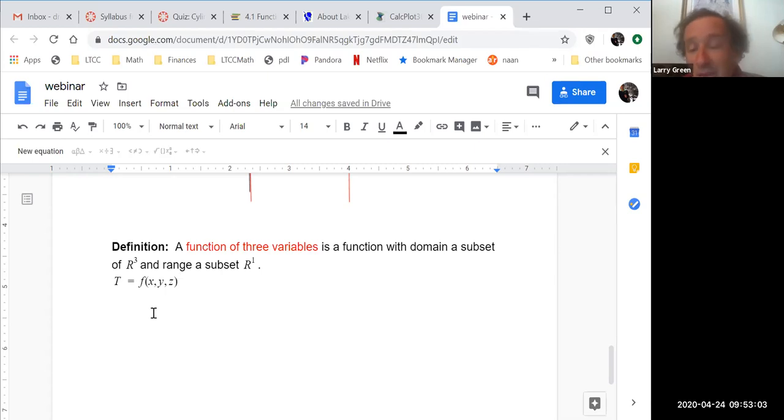Okay, sometimes you might have a Z equals f of x, y, lowercase t. Lowercase t is reserved for what? Yeah, that's time. Okay, so sometimes you'll have something like that. By the way, could you have a function of 4 variables? Okay, yeah, you could.